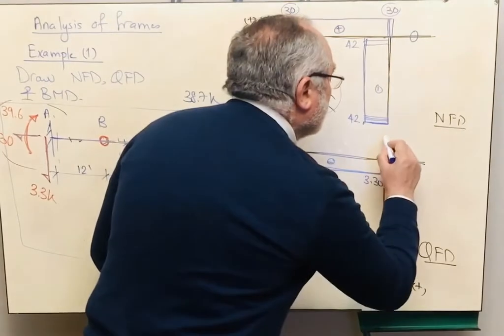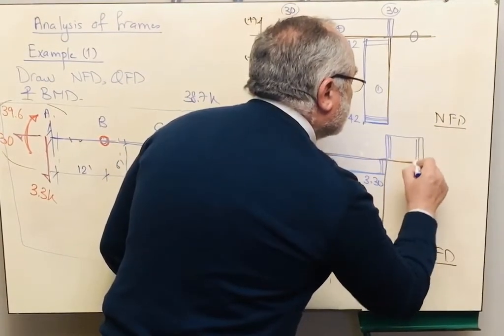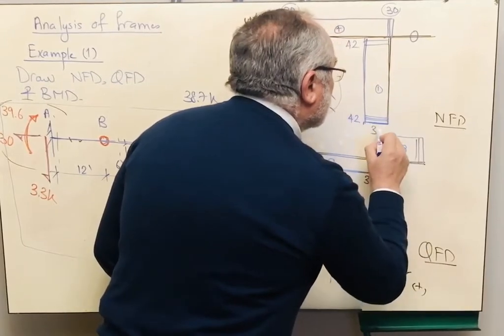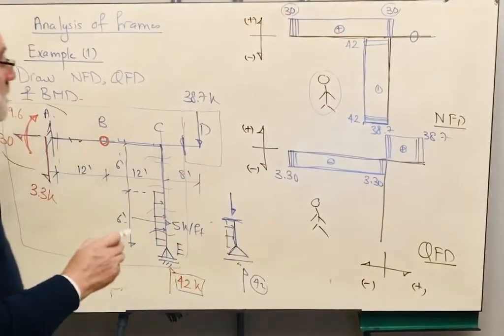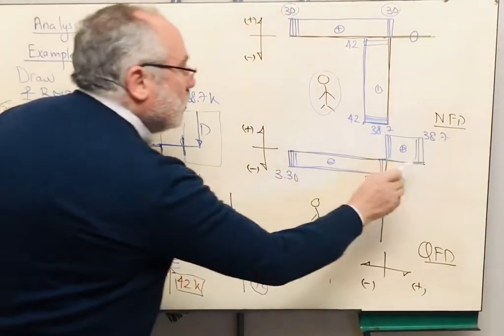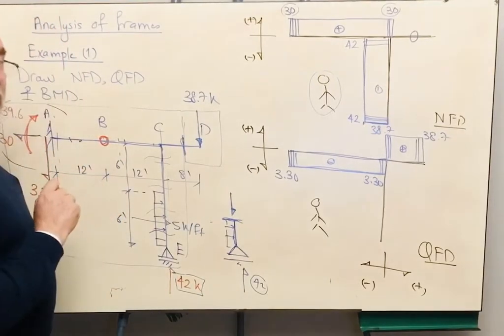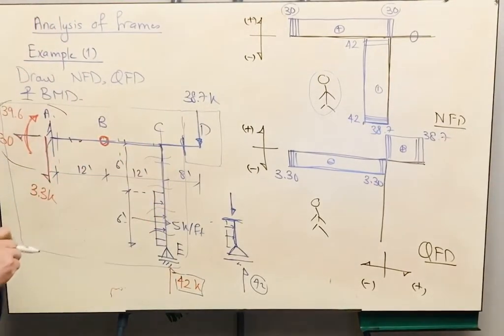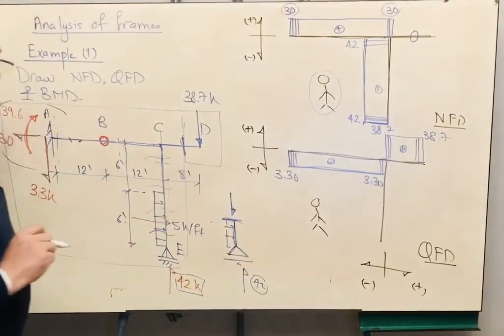So this will be 38.7. Of course, it will be constant because there is nothing in the part CD applied. So the shear will be constant, and then we are having a force pointing downward. It causes negative shear. It will get us back to zero. Then we finished the shear diagram as usual for the beam.